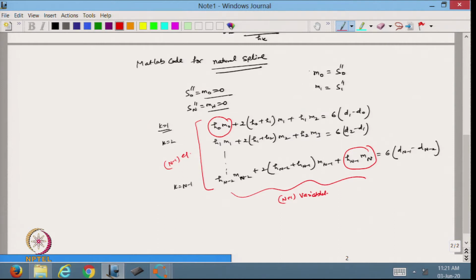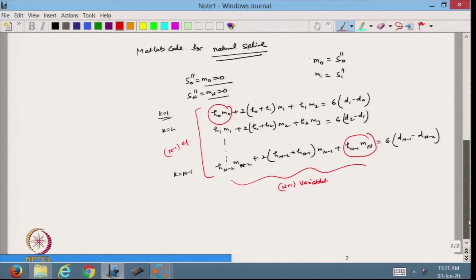So we have n minus 1 equations and n plus 1 variables. To solve this system, we have to find the values at the boundary points, and this is how we define the natural spline. In this case, I will take this term to the right hand side and write minus h0 m0, and in the same way take this term to the right hand side and write minus h(n minus 1) mn.